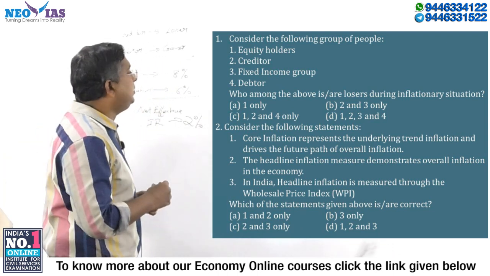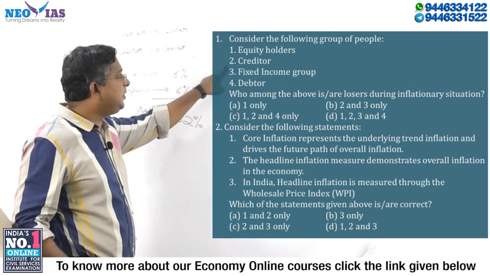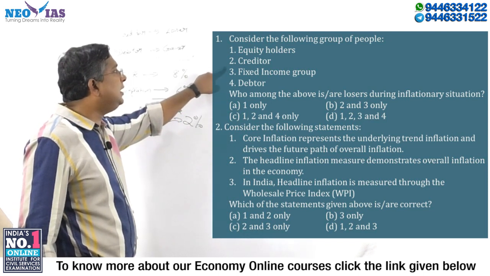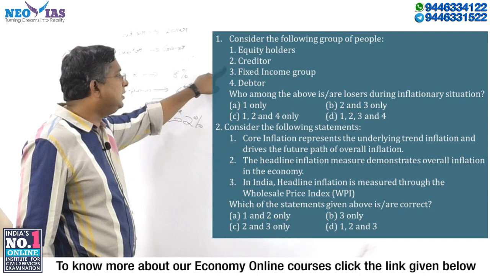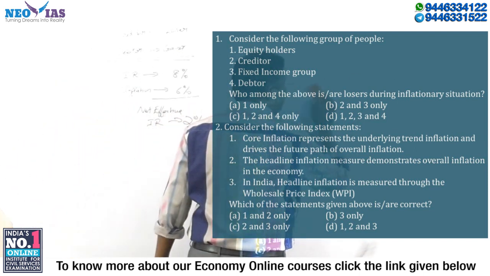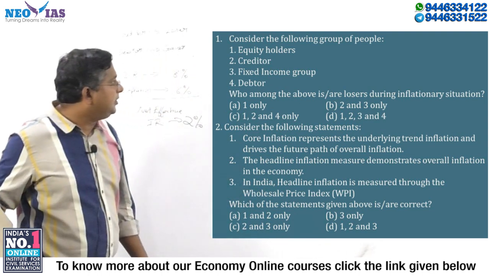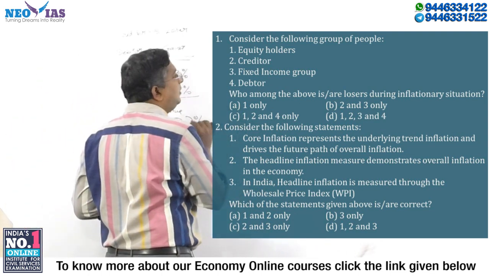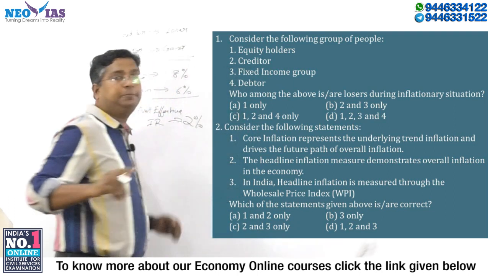Now we know that creditor has been given here. Creditor is the loser, so 2 has to be there in the answer key. So we can eliminate A because creditor has to be there.